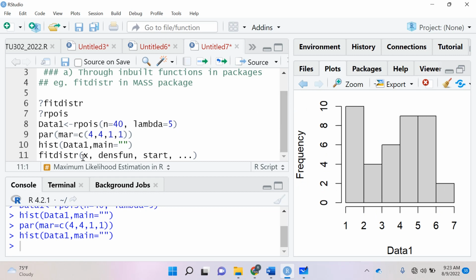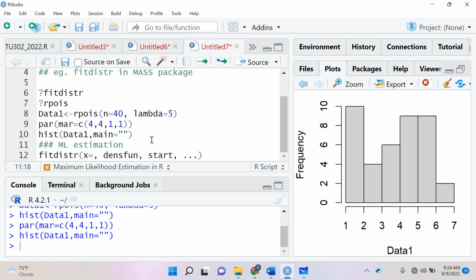Now I want to fit a Poisson distribution to this data. So I call for ML estimation. Let me just say ML estimation because we still know this.